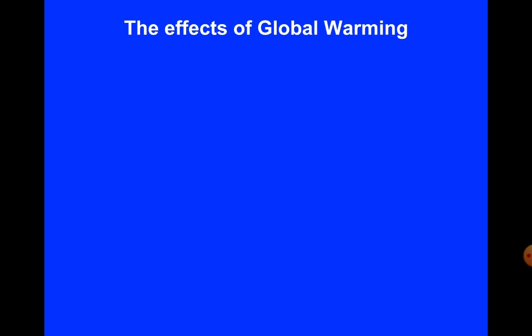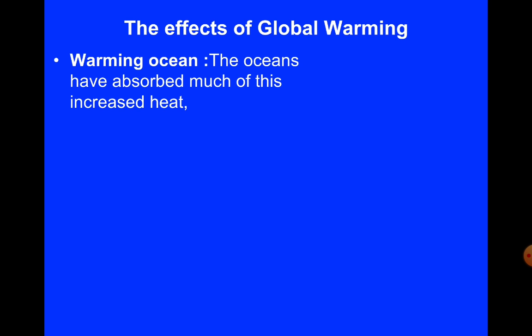Now, what are the effects of global warming? Well, you know them already, and actually you can see them pretty close by here in Saigon. First thing is that we get warming of the ocean. The oceans have absorbed heat, and much of this heat is absorbed in the water, and the water already expands by the heating up.